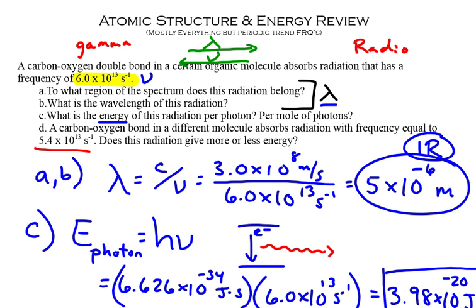So because of that, I can figure this out. Is that frequency larger or smaller than that? It's a little smaller, right? So I'm further to the right because it gets larger to the left.